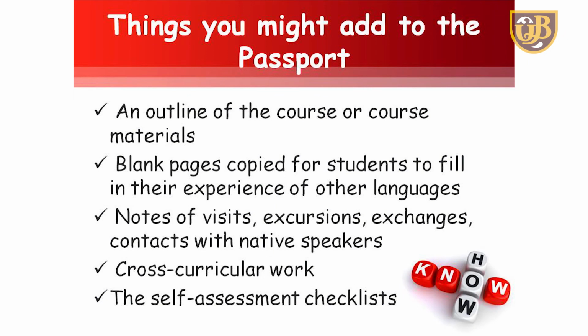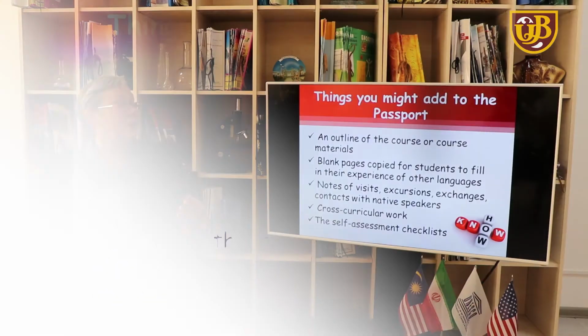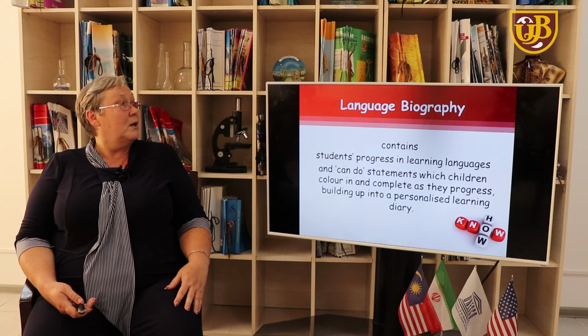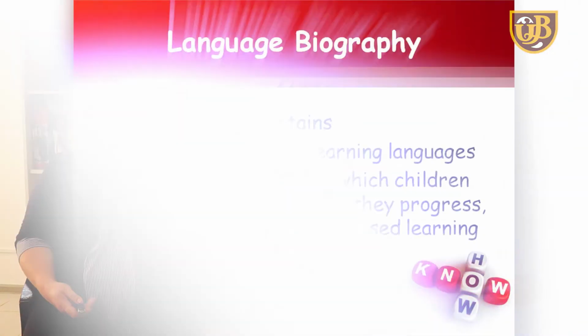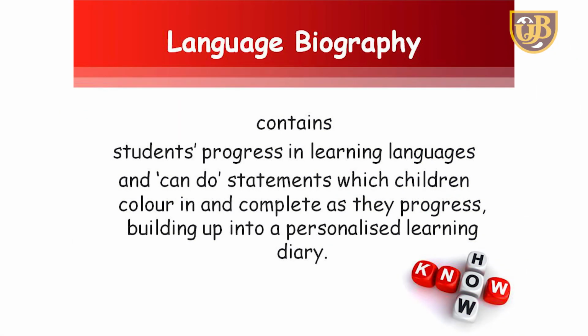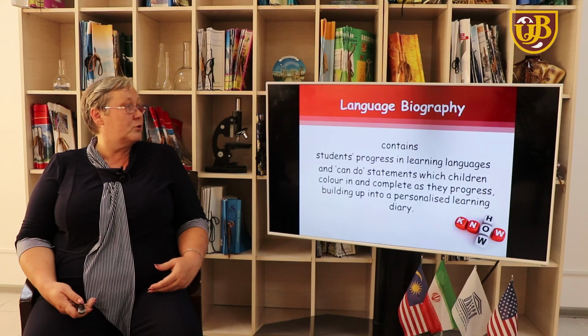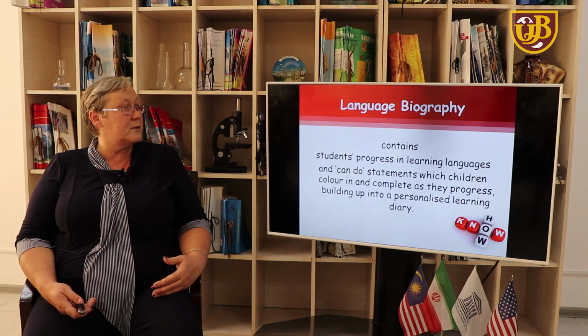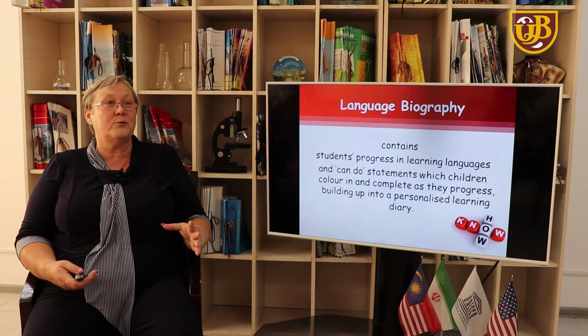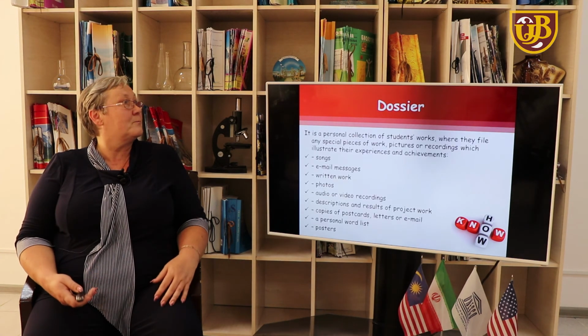That is the page which helps us to see the divisions of the portfolio. The language biography contains students' progress in learning languages and can-do statements, which children color and complete as they progress, building up to a personalized learning diary. It's a kind of diagram of students' progress.